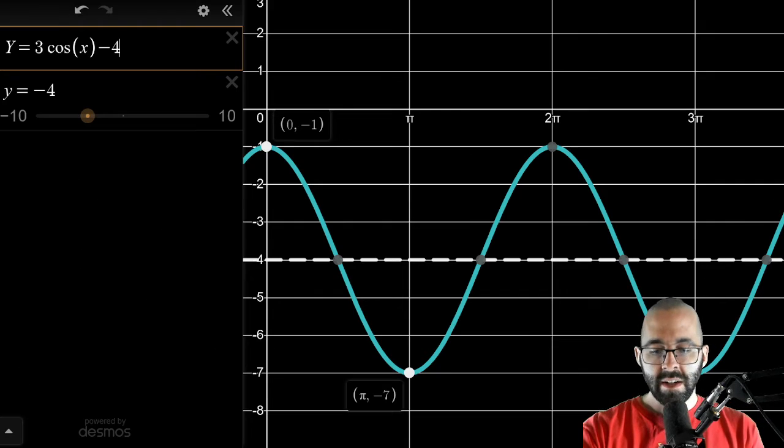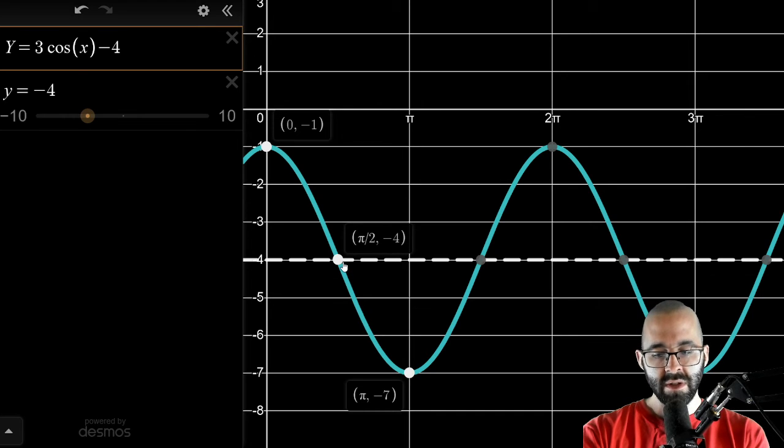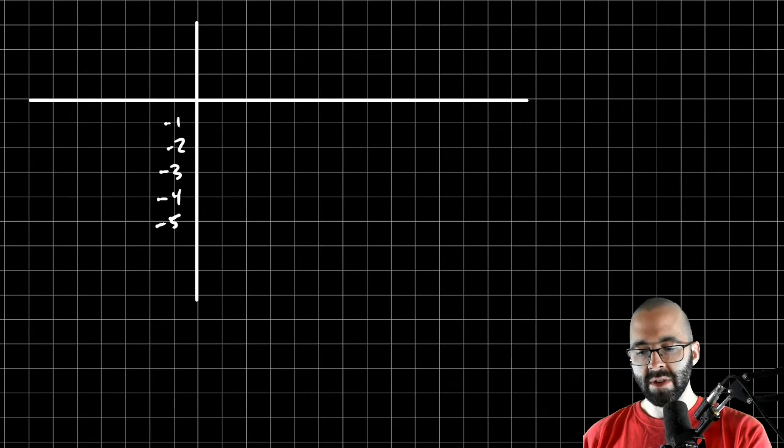But notice our period is in terms of pi, right? So we actually want to have labels that have to do with pi. Notice that this is pi over 2. So counting by pi over 2 would probably be pretty useful.